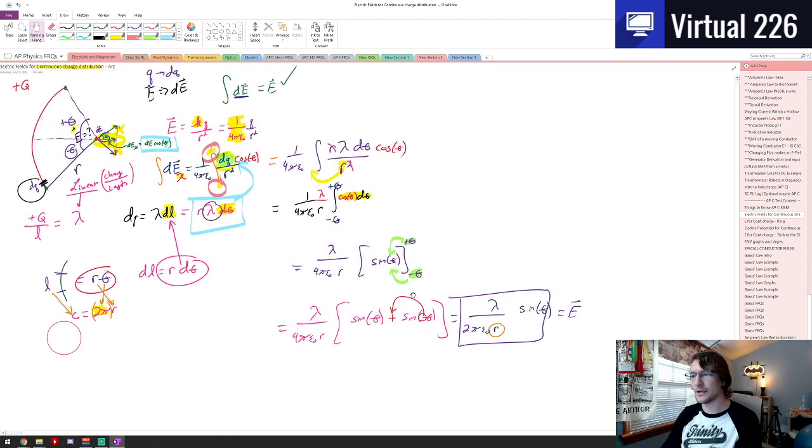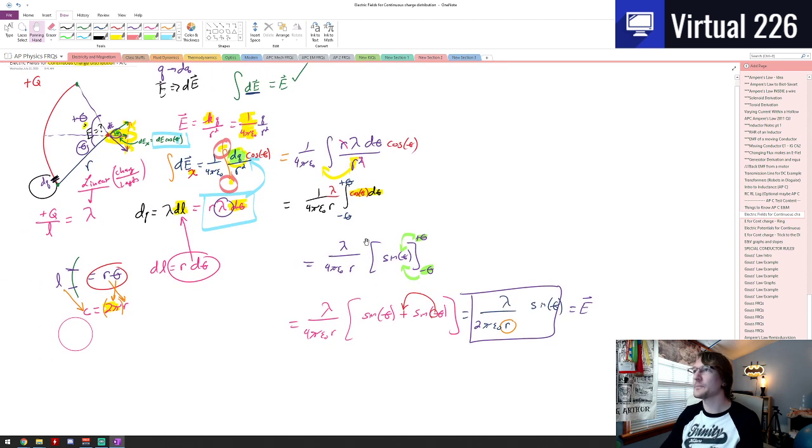The big thing to recognize when you're doing this is that you need to start off with the idea that we need to add up all these tiny bits of an electric field. So looking at this up here in green, I need to add up all my electric fields. How do I get my electric fields? I get them from tiny bits of charge one at a time.